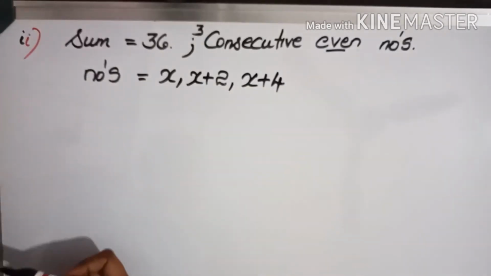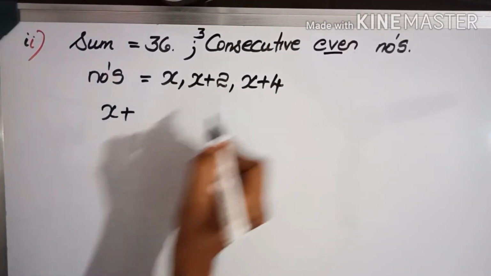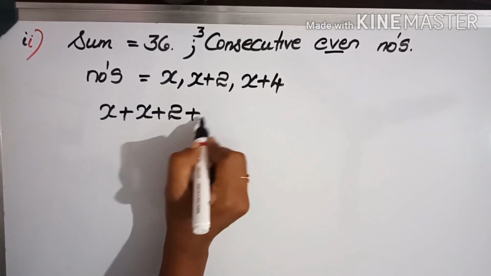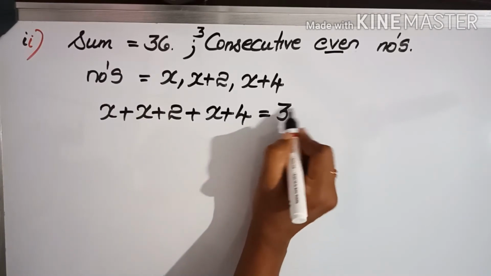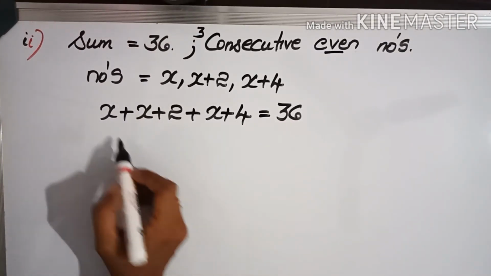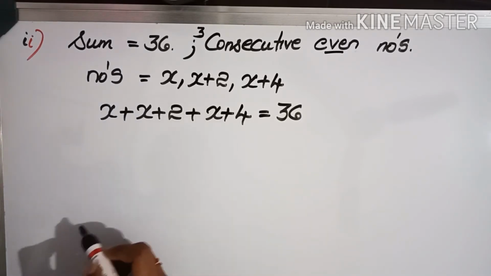Now the sum equals 36. Same as the previous case, just add these three numbers: x plus x plus 2 plus x plus 4. The answer is 36. Now we add all the x values here: 1x plus 1x, 2x, 2x plus 1x, 3x.